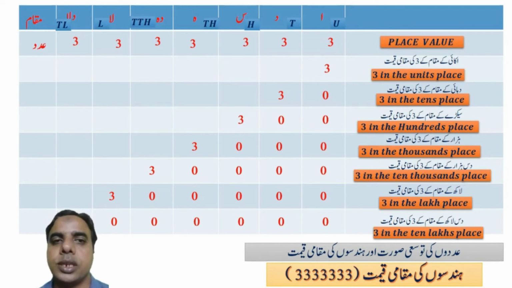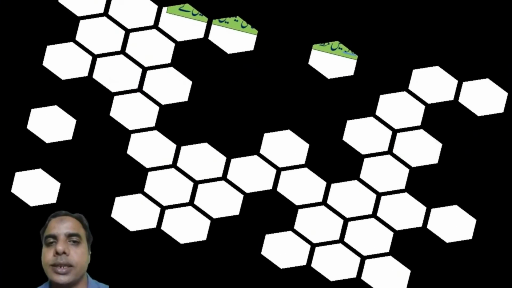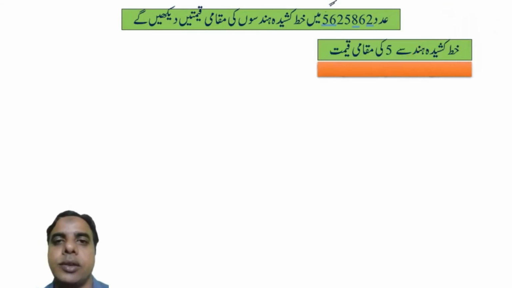So here is a number given for you, 33 lakhs 33,333, and we are supposed to give its place values. Okay, so on your screen, 3 in the units place, then tens, thereafter we'll move to the third step, and here is the hundreds place, thereafter the thousands.